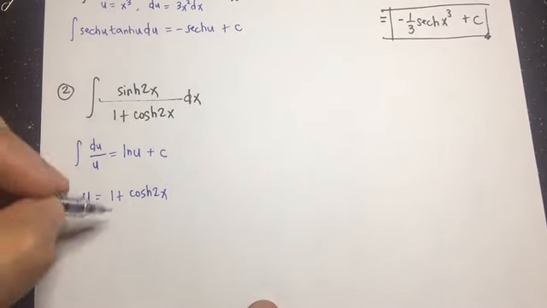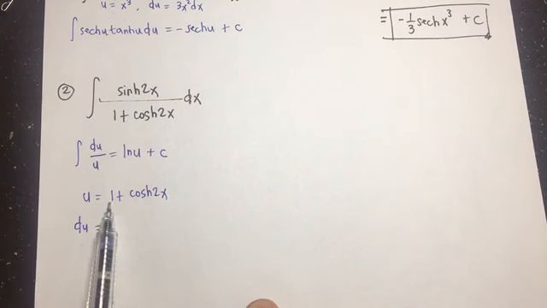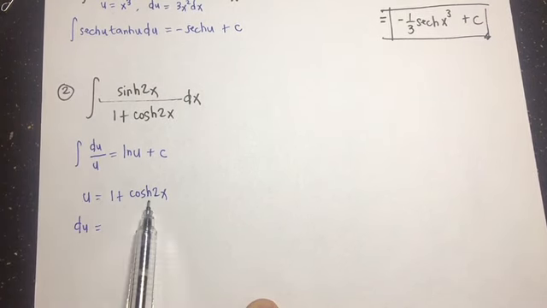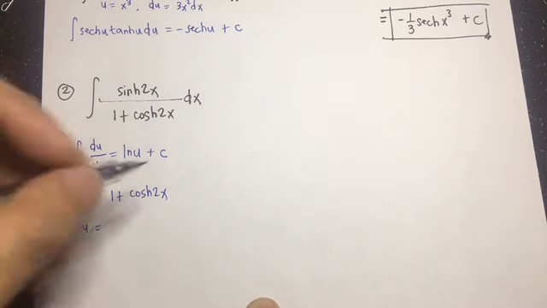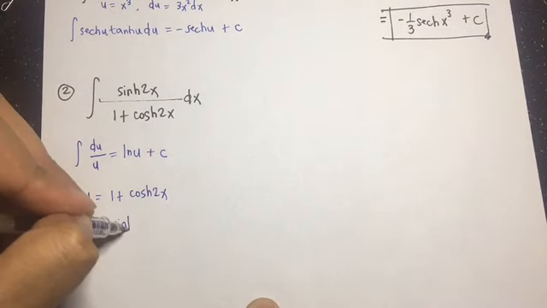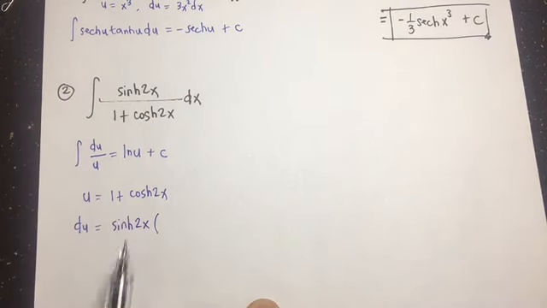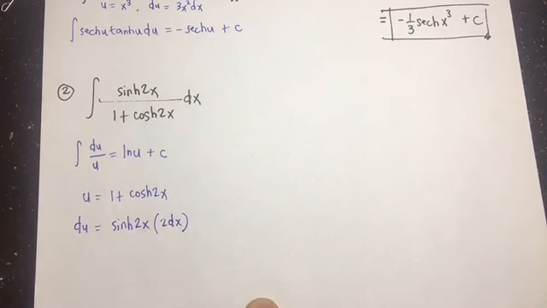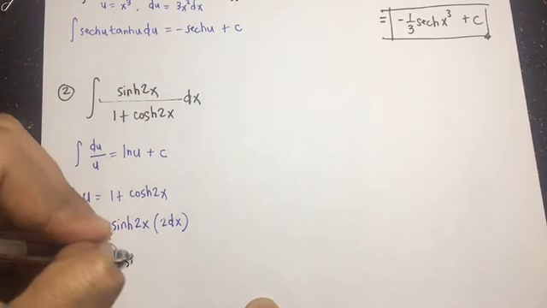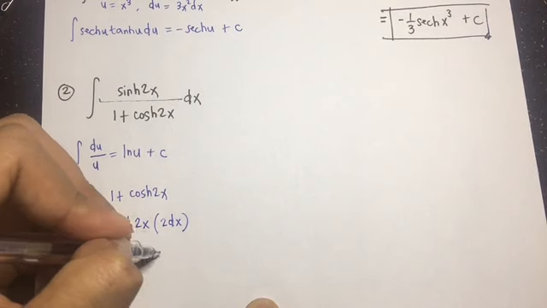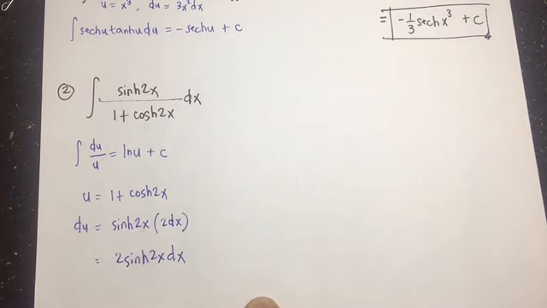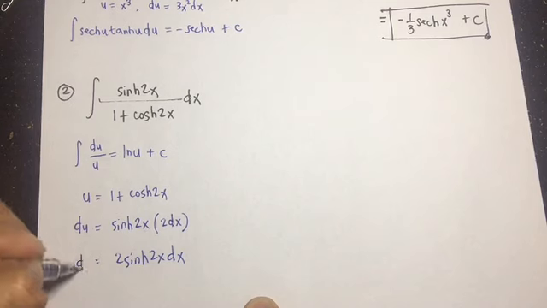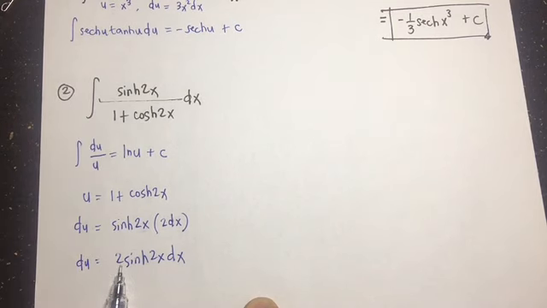Therefore the du is its differential. The differential of 1 is 0. The differential of hyperbolic cosine 2x is hyperbolic sine of 2x, and then by the chain rule, multiply with the differential of this, 2 dx. So our du is 2 hyperbolic sine of 2x dx. Our complete differential, the numerator should be with a coefficient of 2.